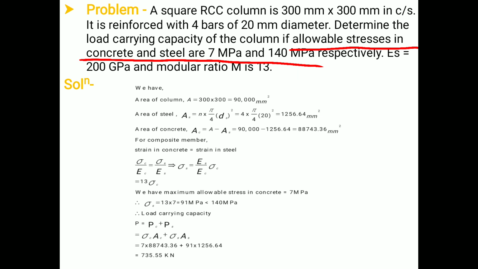So this is a check, and our design is safe.